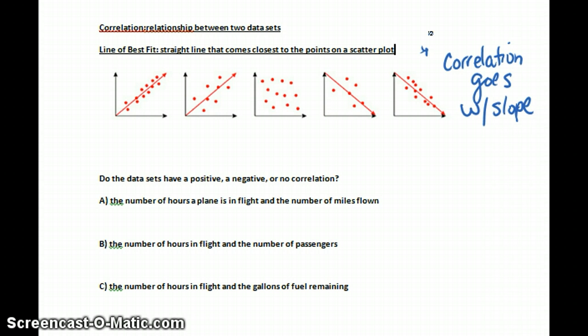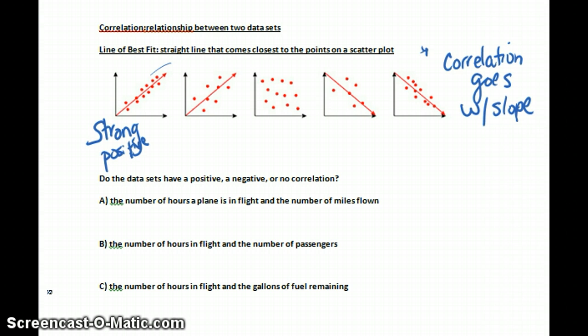So if we look at these slopes, this very first one, the slope goes up. It is positive. Notice how close all the points are to this line. Since those points are so close together, we call that a strong correlation. And since the slope of the line is positive, it's going up, that means it's a strong positive.